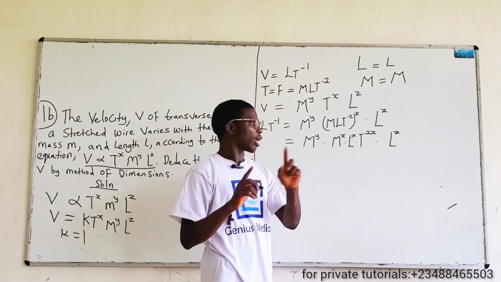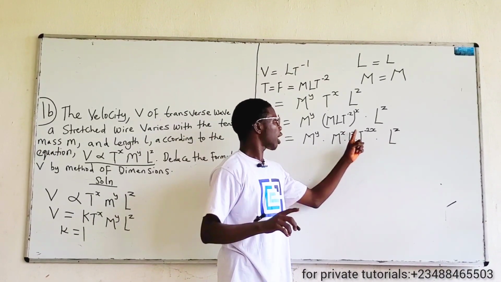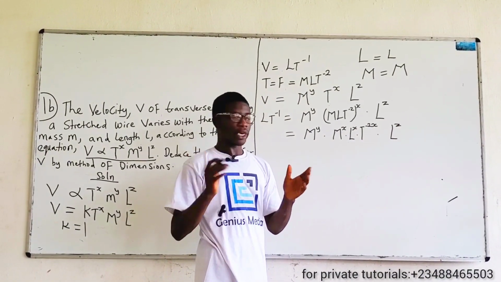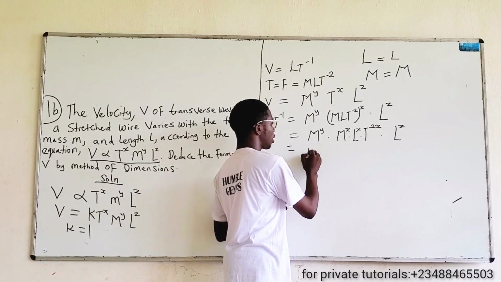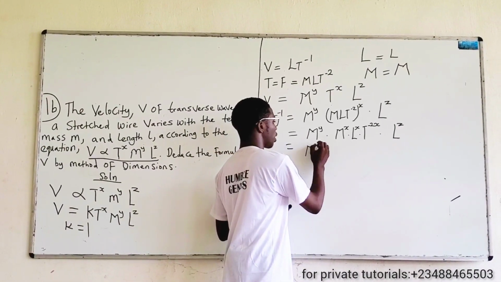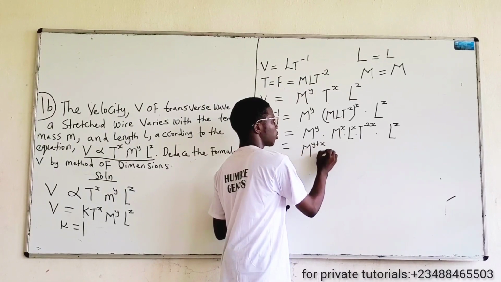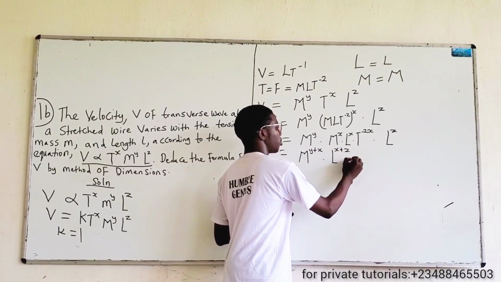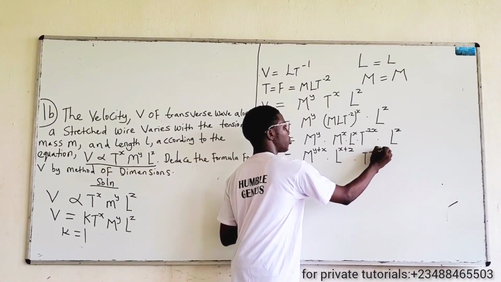So I will take one L, and since this is multiplication, I add the powers. That's the indices law. Also, I have two Ms, so I take one M and add the powers because this is multiplication. So I have M raised to power y plus x, L raised to power x plus z. Simple. And then my T raised to power minus 2x remains.